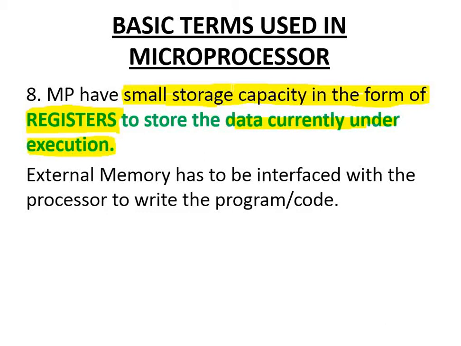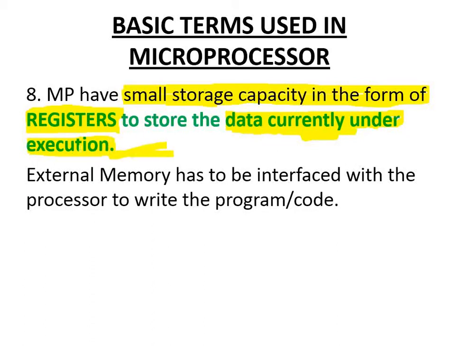You can access these registers in your code by writing these register combinations. Through code you can access and modify the data of these registers. So it is a temporary storage location inside the processor where the data currently under execution is stored.